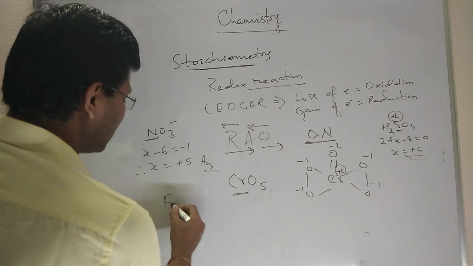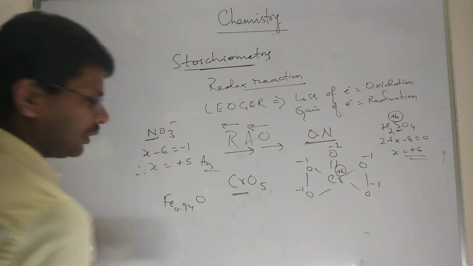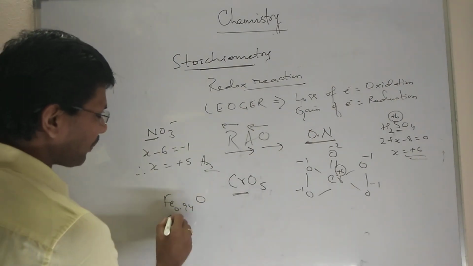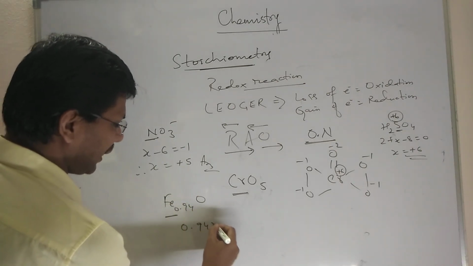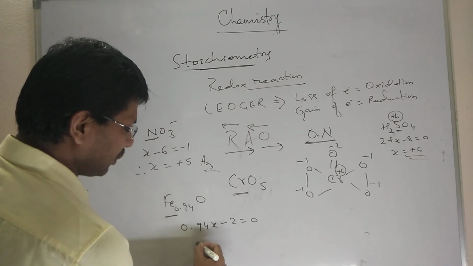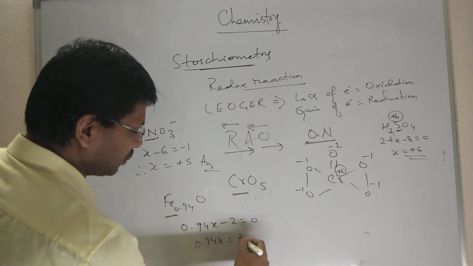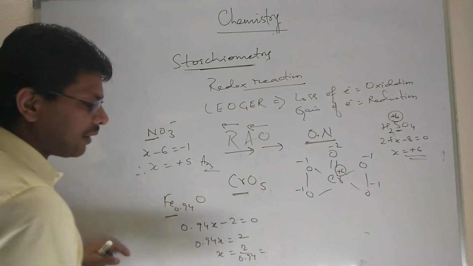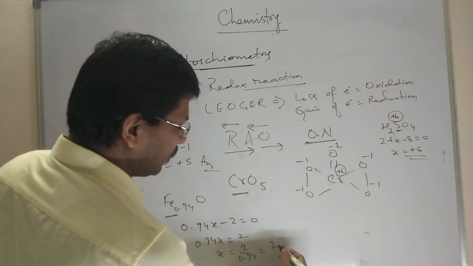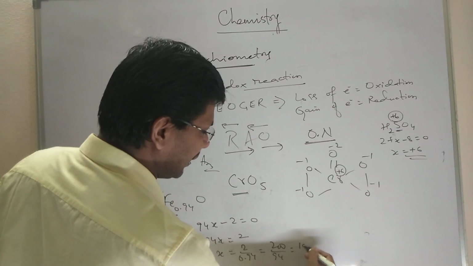Suppose they ask you what is the oxidation state of iron in this non-stoichiometric molecule, so simply we can write 0.94x minus 2 equal to 0. So 0.94x equal to 2, or x equal to 2 upon 0.94. If you solve this, you can write 200 upon 94, you can write 100 by 47.